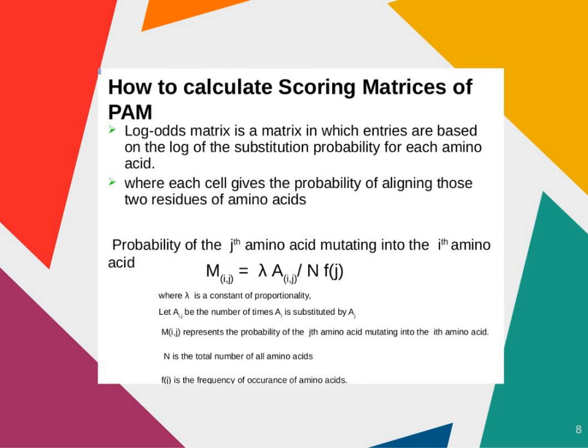A log odds matrix is a matrix in which entries are based on the log of the substitution probability for each amino acid, where each cell gives the probability of aligning those two amino acid residues. The probability of the jth amino acid mutating into the ith amino acid, M_ij, is equal to lambda times A_ij divided by N times f_j, where lambda is a constant of proportionality.